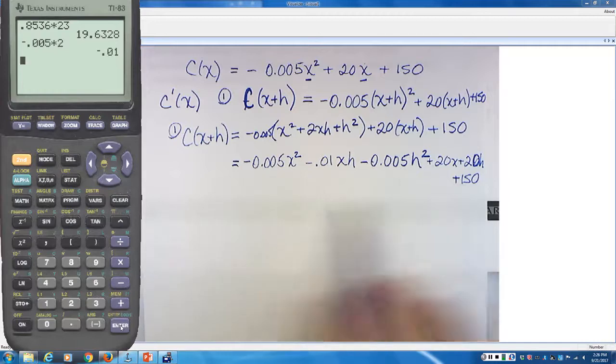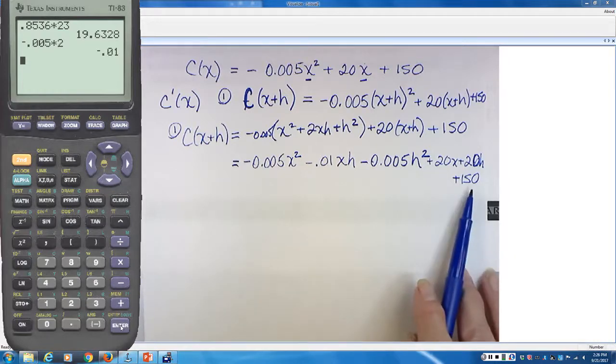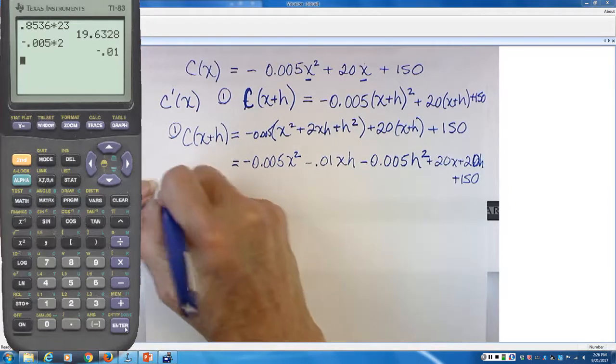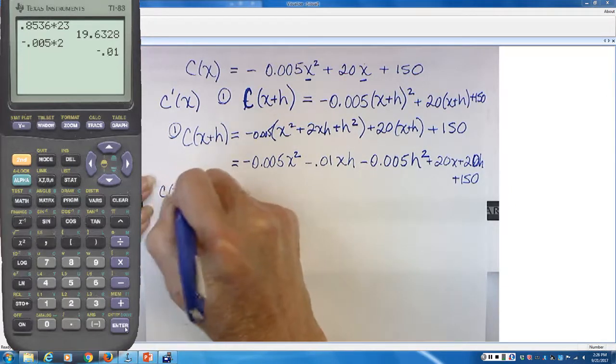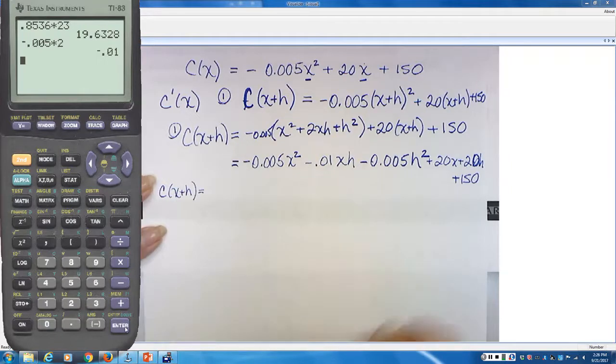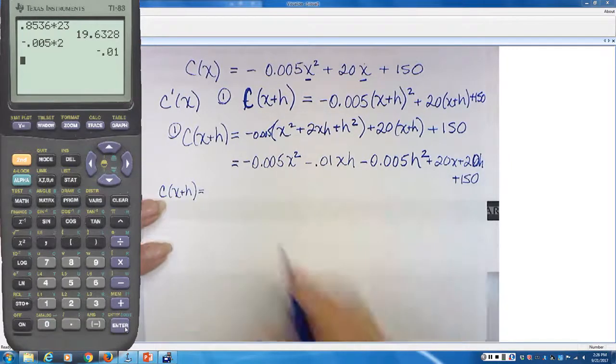Do any of these combine at this point? Nope, that's as simple as it gets. So the final result of step 1 is C of X plus H. Even though it's long and kind of ugly, the math really wasn't hard or shouldn't have been.